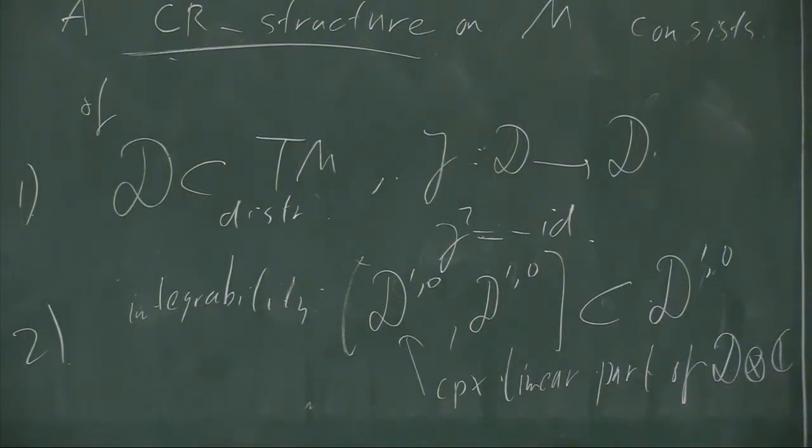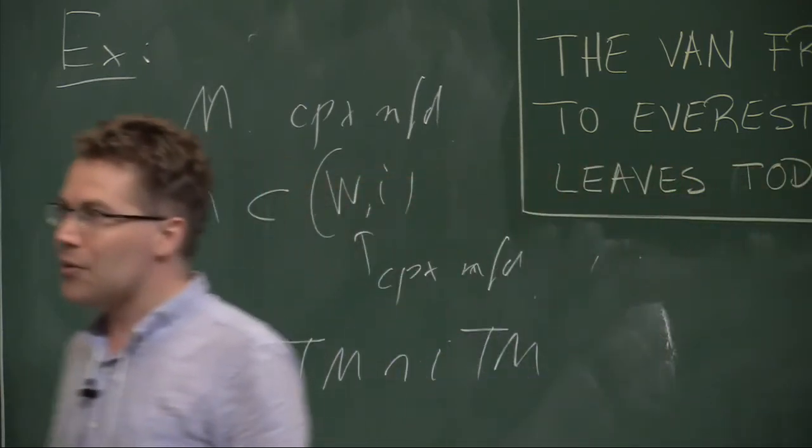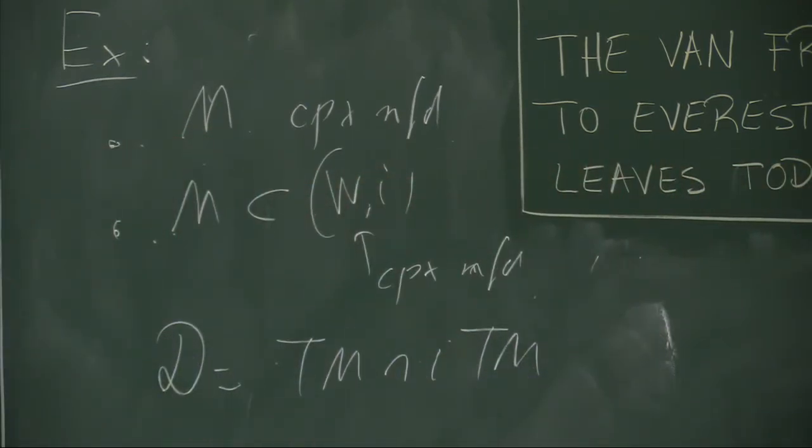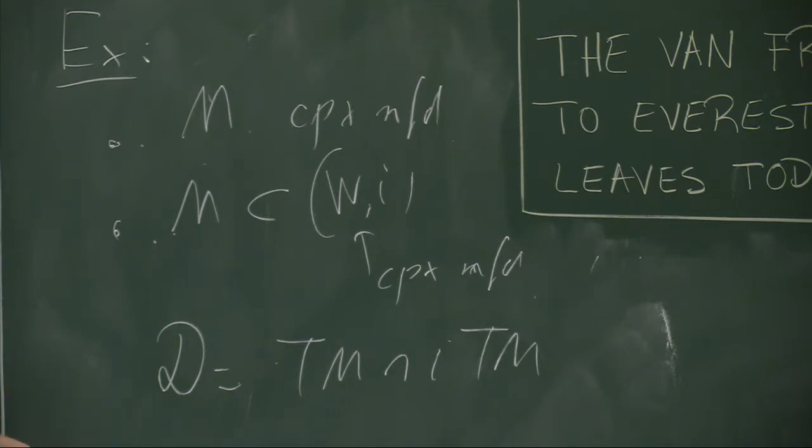This probably sounds familiar from Miguel's talk. When you talked about the link of a singularity, you defined the contact structure precisely in this way. Now here, this distribution doesn't have to be a contact structure, but it smells already like it could be related, and it is, of course.